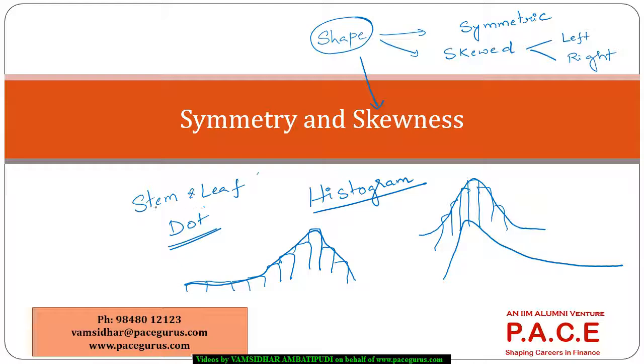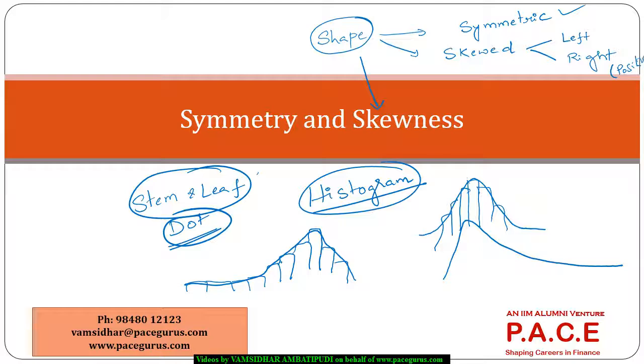A quick look at any of these diagrams will, on an overall scale, tell you whether your data is more or less fairly symmetrical, or more and more skewed to the right, which we call positively skewed, or more and more skewed towards the left, which we call negatively skewed.